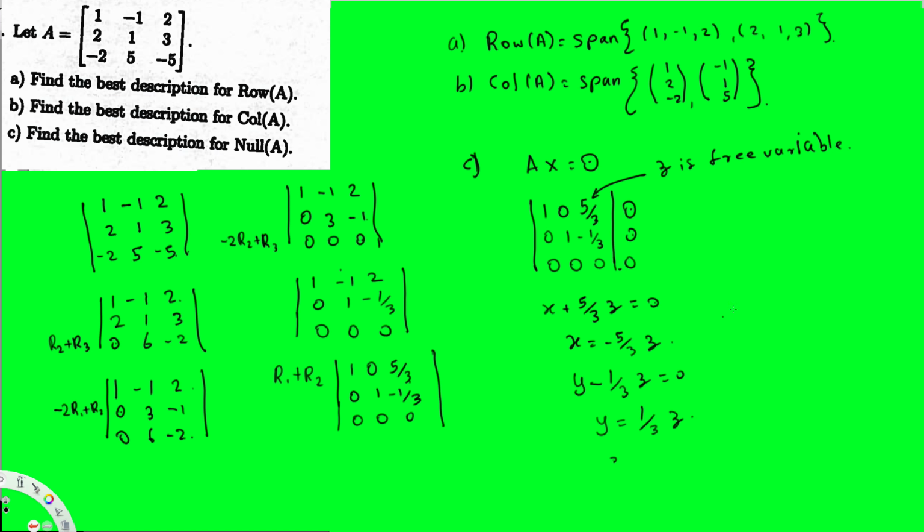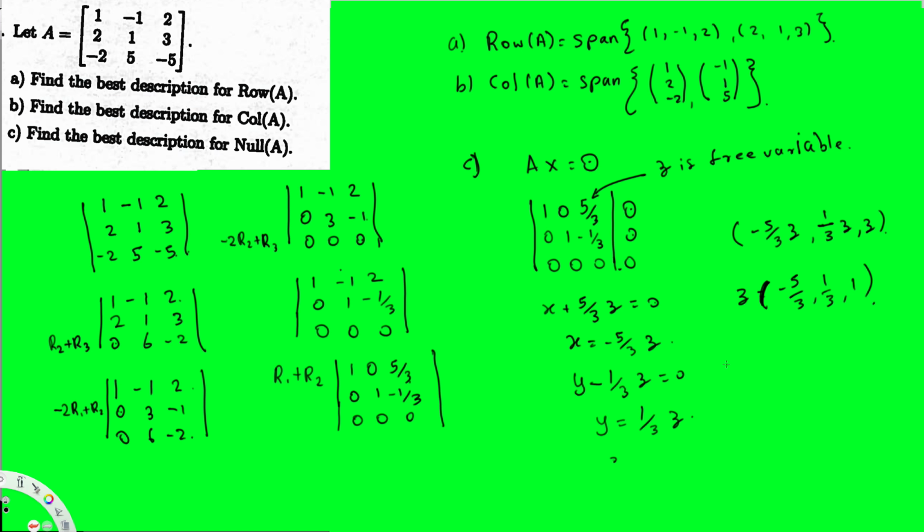Now I can arrange this in a pattern. Ordering as x, y, z, it's going to be minus 5 over 3 z, comma, plus 1 over 3 z, comma, z, which is going to be my null space, but I have to bring the z in front. If I take this z common, it's going to be z times minus 5 over 3, 1 over 3, and 1.